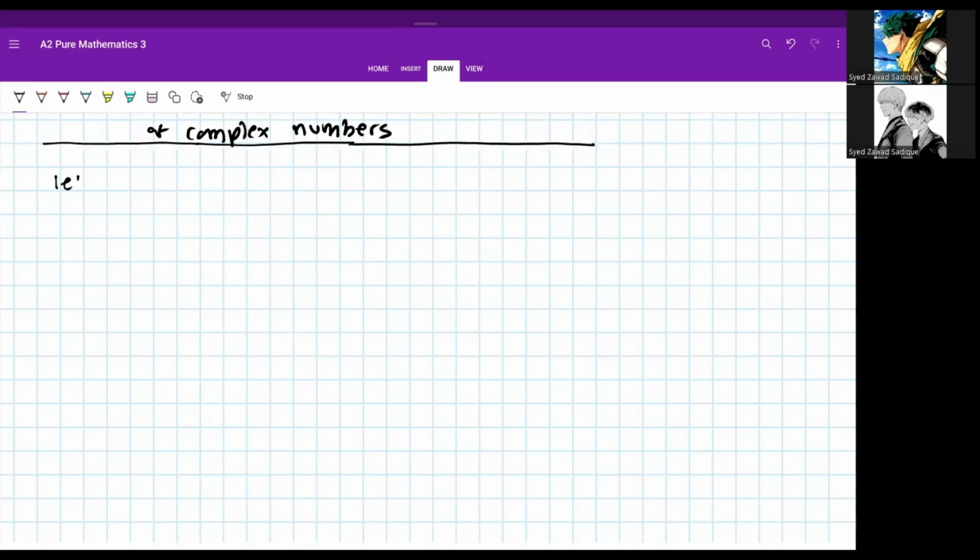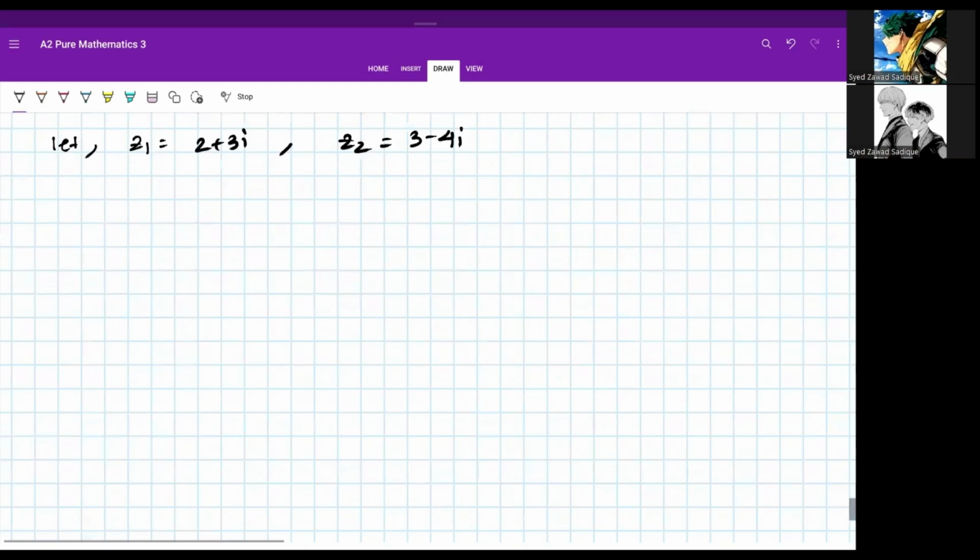Let z1 equal 2 plus 3i, z2 equal 3 minus 4i.